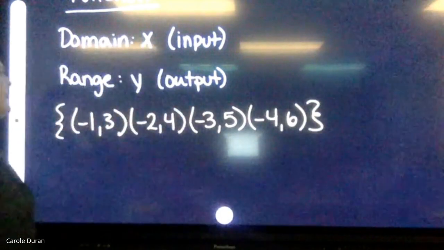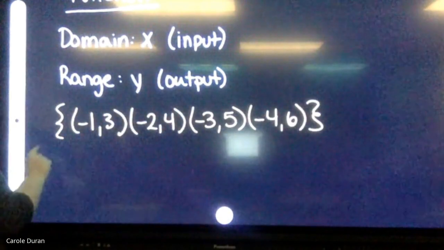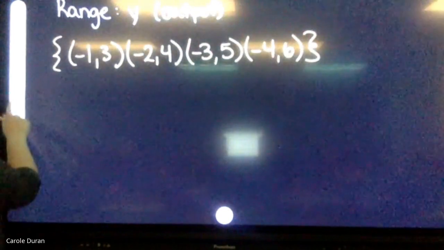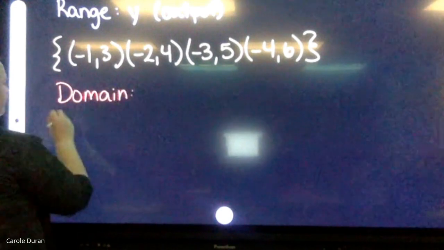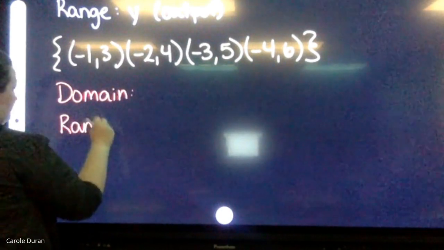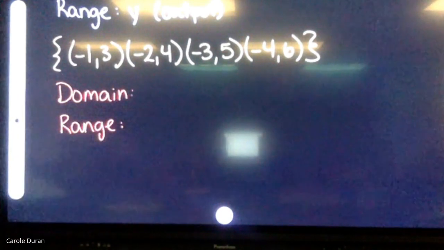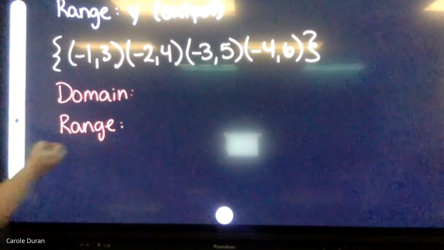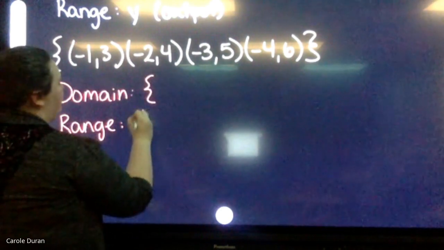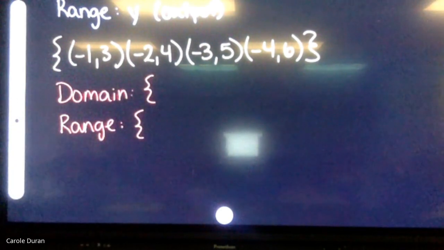And I would like to identify the domain and the range for this function. We're just going to pull numbers directly from here. So since I have specific numbers here, my domain is going to be a set of numbers in curly brackets, and my range will also be a set of numbers in curly brackets. So make sure that you have those curly brackets on there.